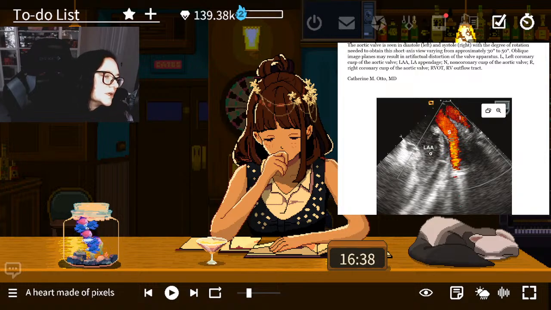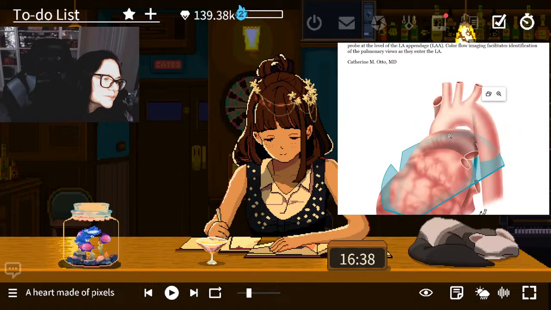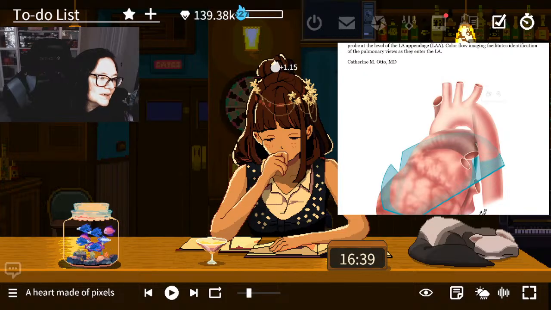And that's the left atrial appendage. So this tube is in your esophagus, and it goes down, and your stomach is right about here.